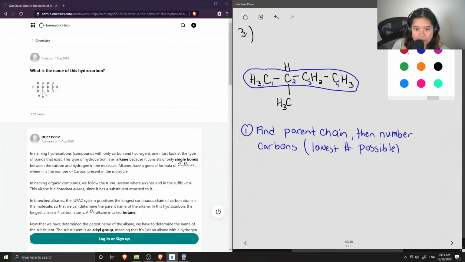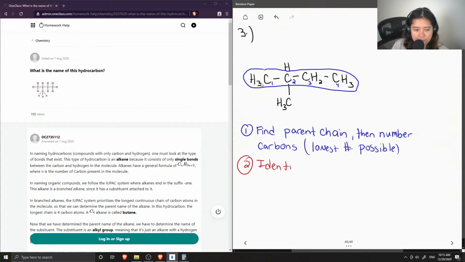Okay, so after we found the parent chain and then we numbered the carbons, we want to identify all the functional groups or the side groups. So we'll see on carbon 2, there is a methyl group. So I will say that it is a methyl.